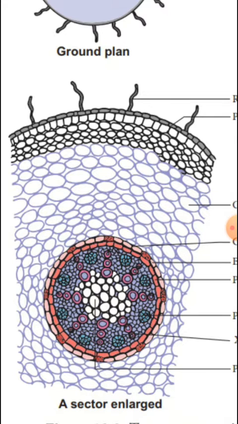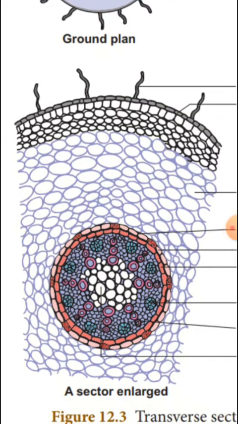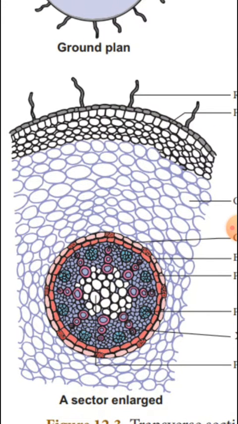The outer one or more layers of cortex become thick walled and get suberized. They constitute the exodermis. The function of the upper cortex region is protective, and to some extent it is also absorptive in function.